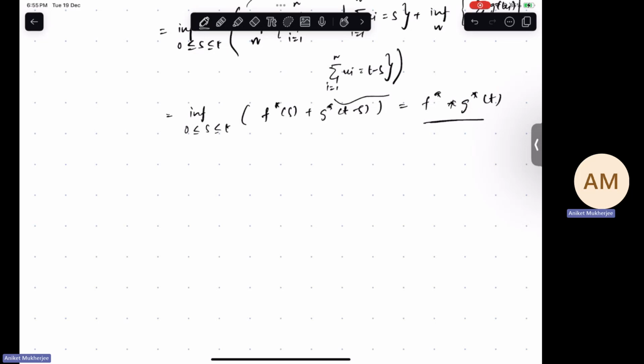So from this we can get a corollary. The corollary is also known as the efficient subadditive closure.